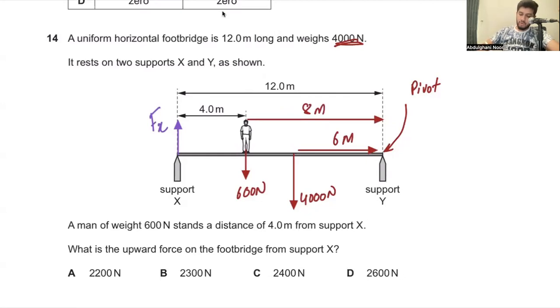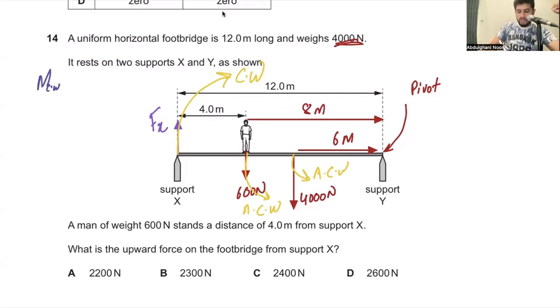This force makes it go in the anti-clockwise direction, and this force makes it go in the clockwise direction. Because it's in equilibrium, the clockwise moment is equal to the anti-clockwise moment. So the total moment clockwise is equal to total moment anti-clockwise.